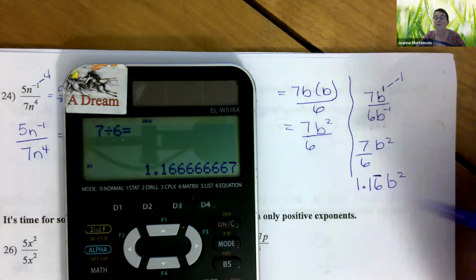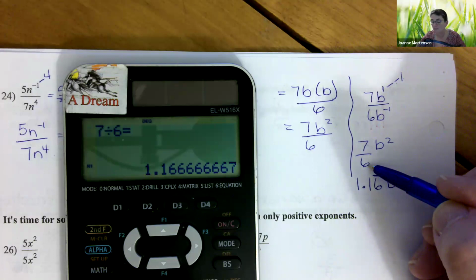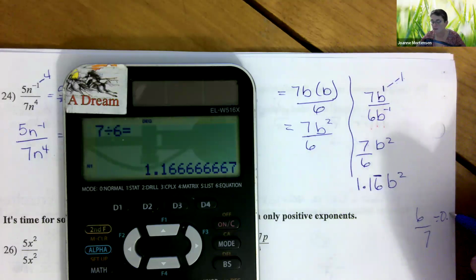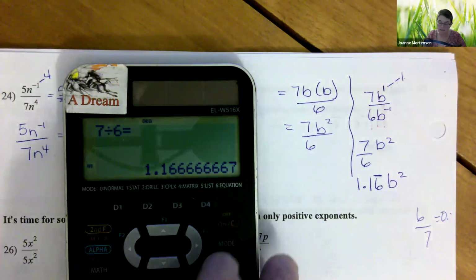Like there's going to be a whole number out here. When the denominator is bigger, like 6/7, I know it's going to be 0 point something or other. And that's a common mistake. People will just punch it in the calculator backwards. So if you know when the top number is bigger, it's going to be 1 point something or some whole number. Save you some time.